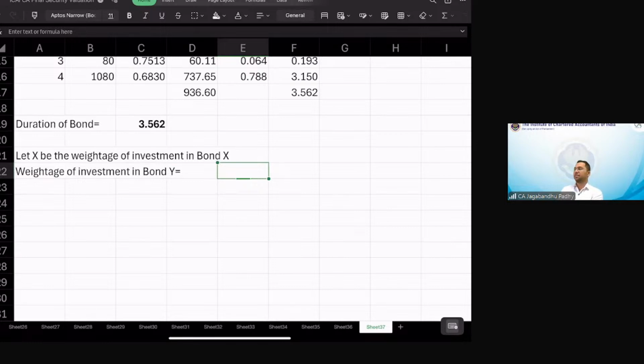If weightage of investment in bond X is X, can you tell me what will be the weightage of investment in bond Y?